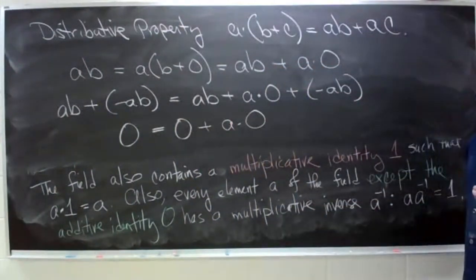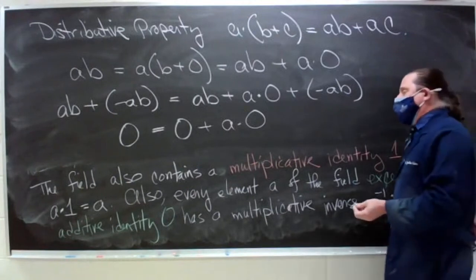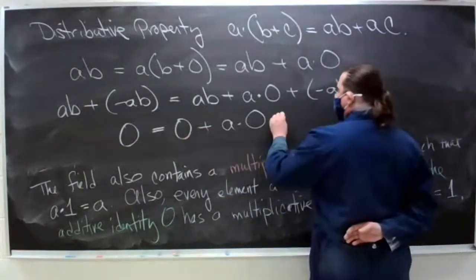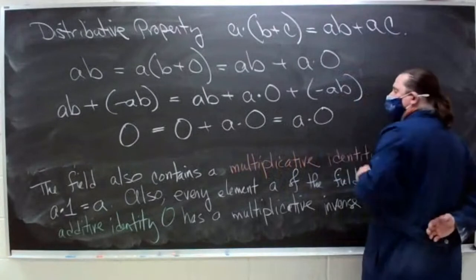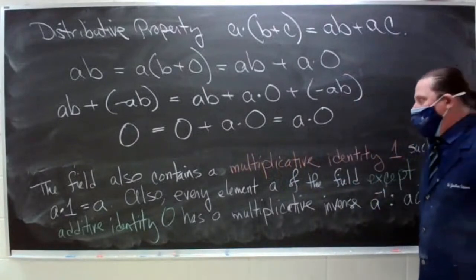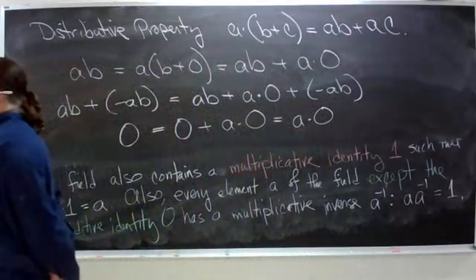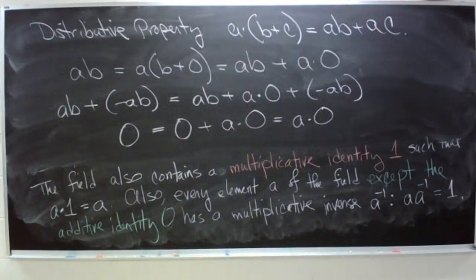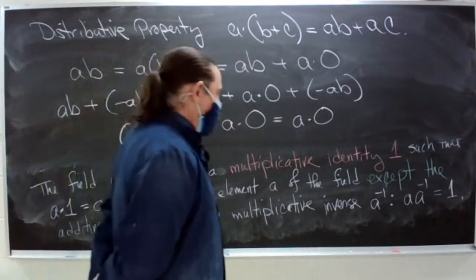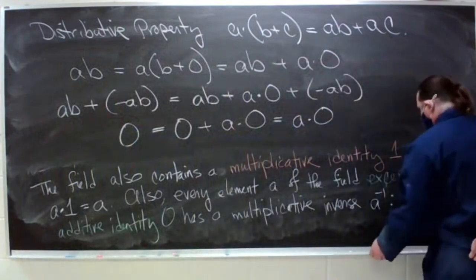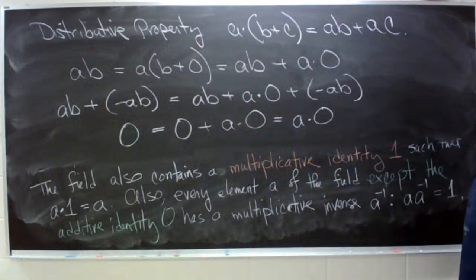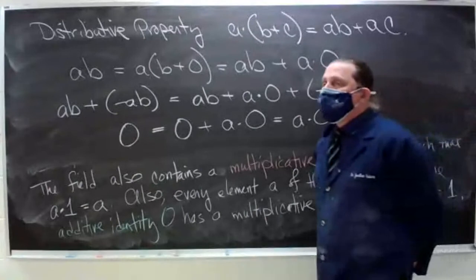And I'll get that, of course, by the definition of the additive identity, 0 plus A times 0 is equal to A times 0. And that indicates that A times 0 is equal to 0. And this was true for an arbitrary element A of the field.